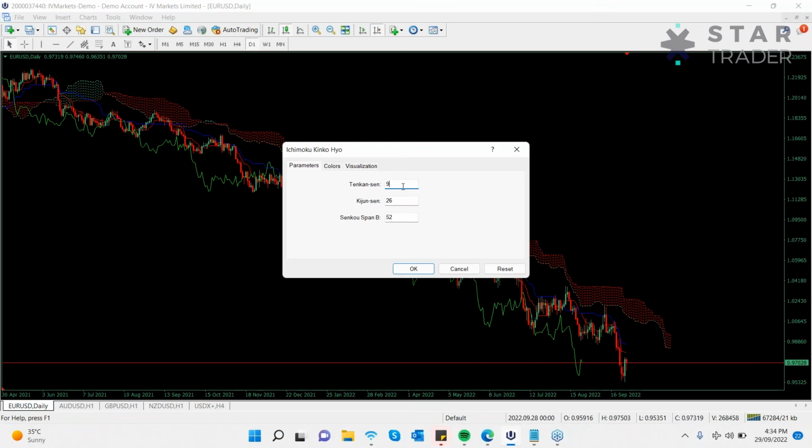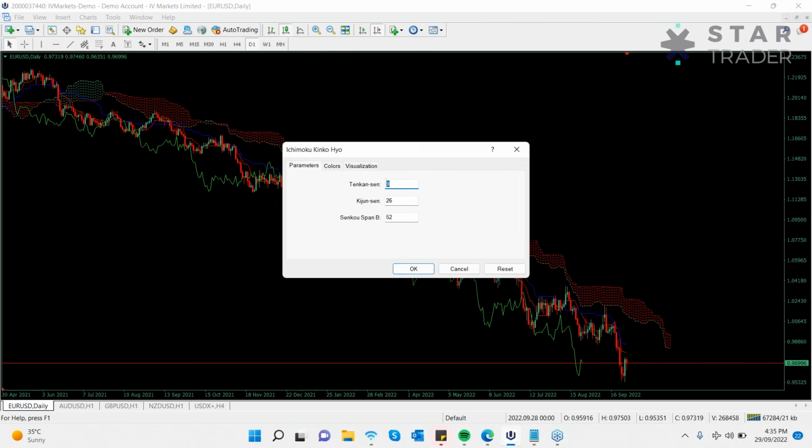It means it is telling us the periods of the 9 candles. If you are in the daily time frame, it means the 9 days of this line. The 9 periods of the market.